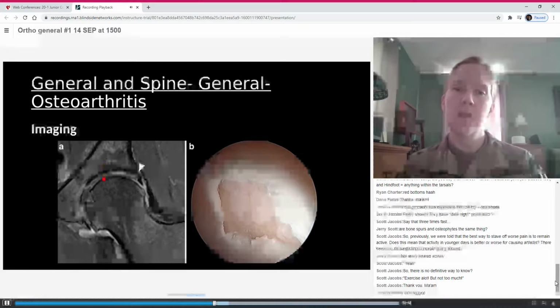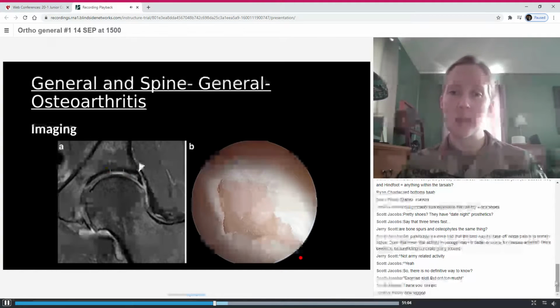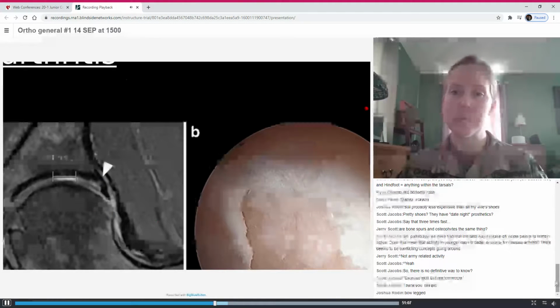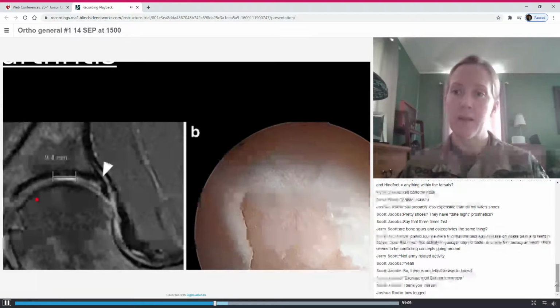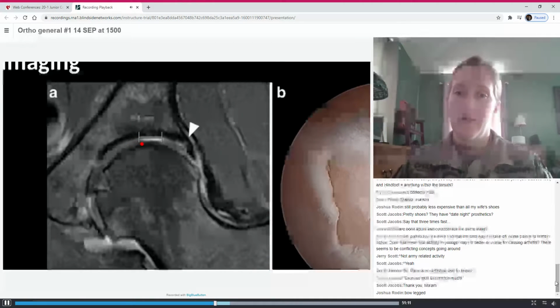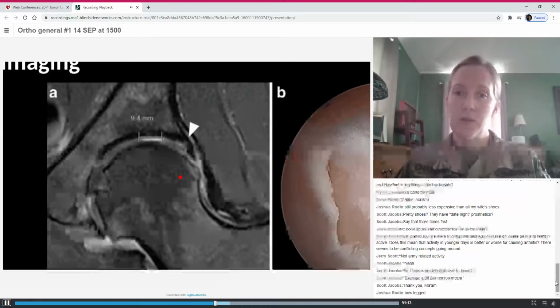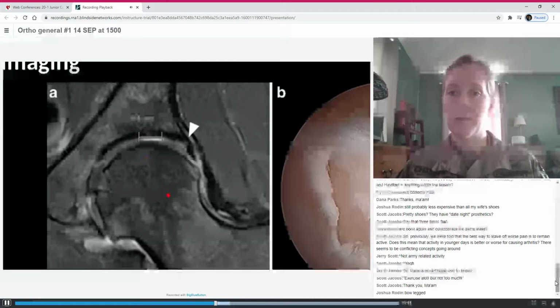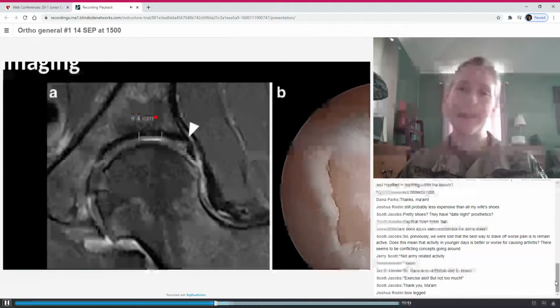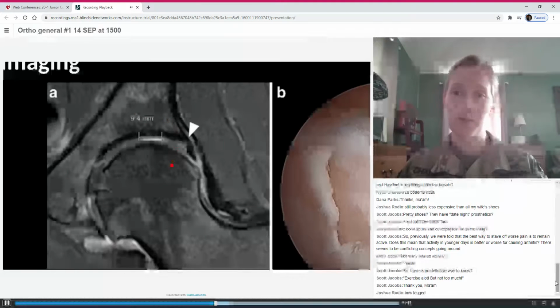And here's an MRI of a hip joint, and we're looking at this white flash that has the measuring tape on it. Let me do the zoom in thing again. So the white flash between the two measuring pieces, it's evidently 9.4 millimeters. Thank goodness for that.